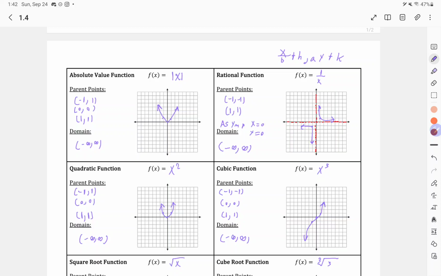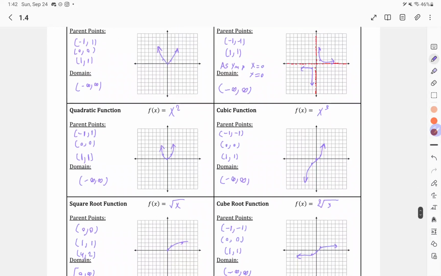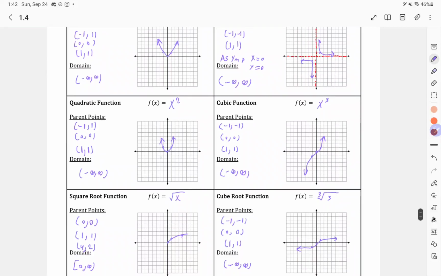Rational functions are 1 over x, right? And their parent points are (-1, -1) and (1, 1), and their asymptotes are x equals 0, y equals 0. Domain is -infinity, +infinity. Quadratics are a U shape, right? And their points are (-1, 1), (0, 0), (1, 1), with domain -infinity to +infinity.